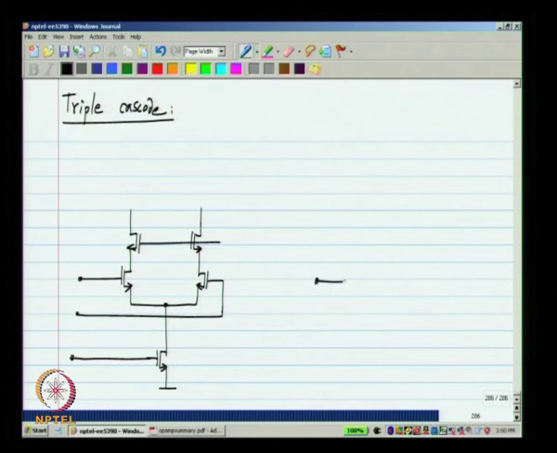Now, just to illustrate the principle, I will show also just a common source amplifier. Looking in here, let us say this is M1, I will have GDS1 as the output conductance or RDS1 as the output resistance.